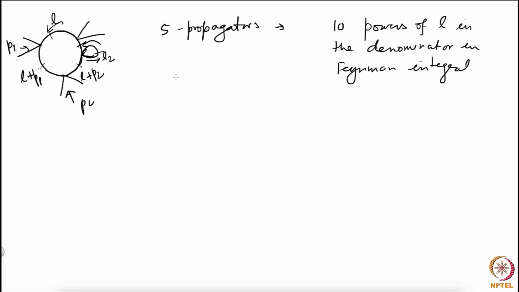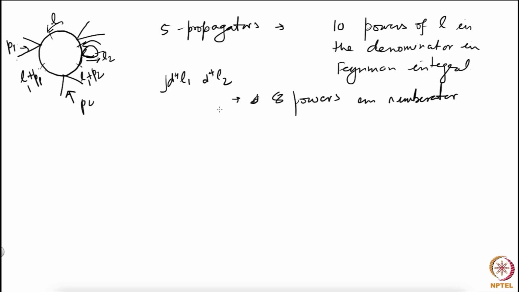And how many powers in the numerator? You have d4L1, d4L2. Let's call it L1. Let's call it L2. Okay, so 8 powers. So naively, it looks like this will be convergent, right?